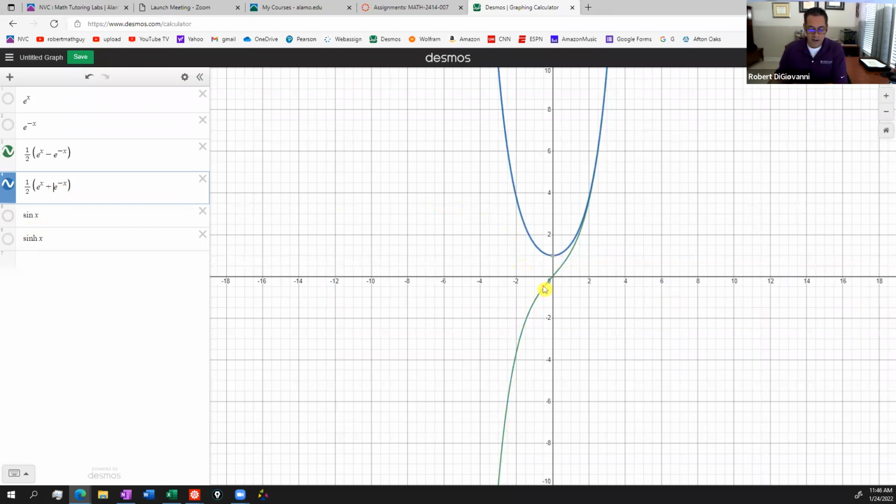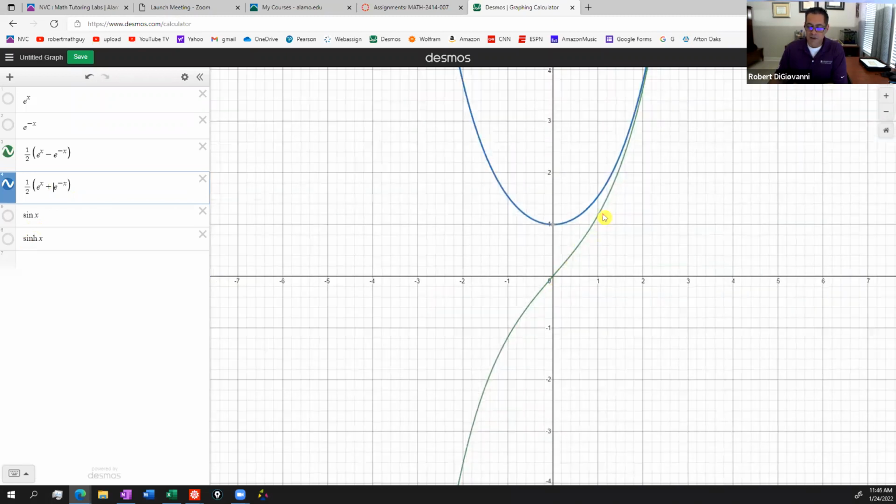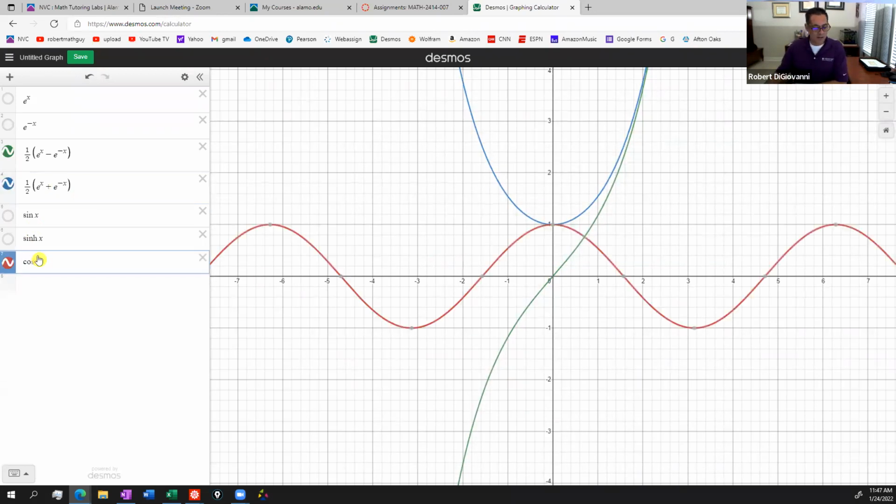Okay, so the green is your sine hyperbolic and the blue is your cosine hyperbolic. I mean, this was cosine x. This is sine x. Cosine x and sine x look kind of the same, don't they? They're just like translations of each other. Very similar in terms of their bounded output and stuff for sine and cosine.